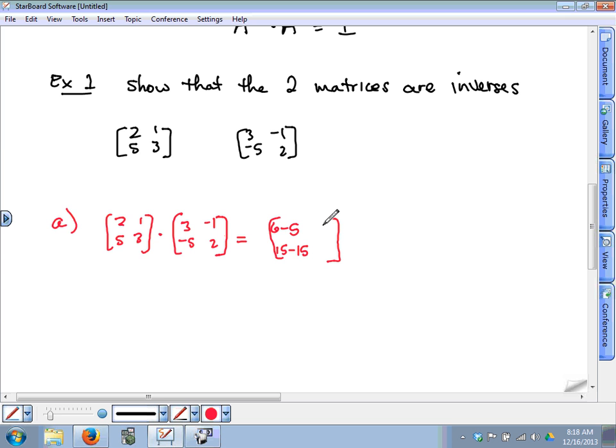Row 1, column 2 is negative 2 plus 2. Row 2, column 2 is negative 5 plus 6. So we do get 1, 0, 0, 1. But we've only verified the multiplication in one direction. The first one times the second one.